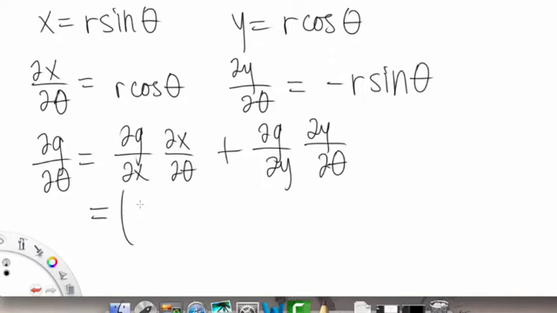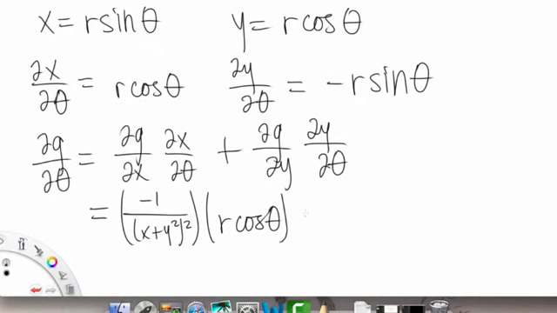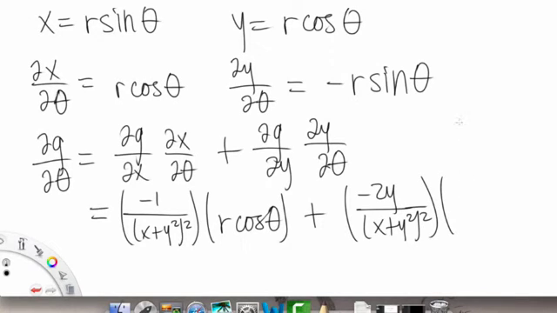Partial g partial x was negative 1 over x plus y squared quantity squared, and then our partial x partial theta is sitting right there, that's r cosine theta. And then we have plus, and partial g partial y is negative 2y over x plus y squared quantity squared. And then our partial y partial theta is negative r sine theta.